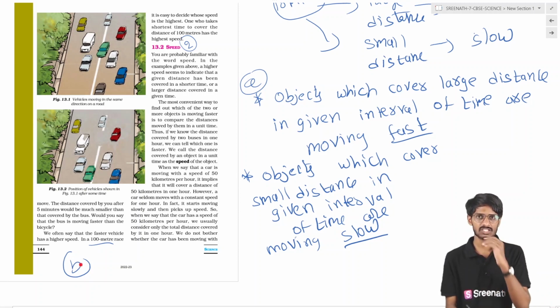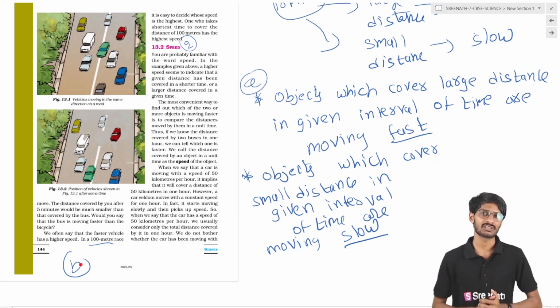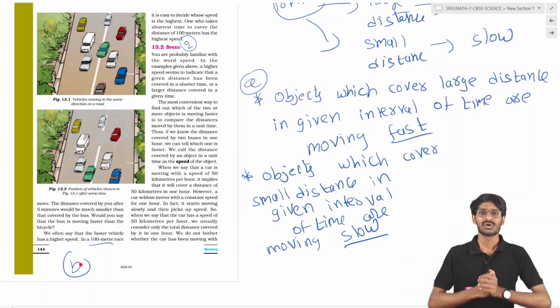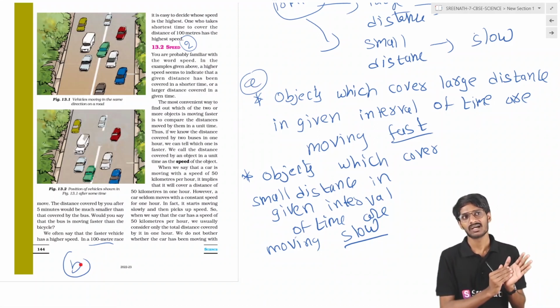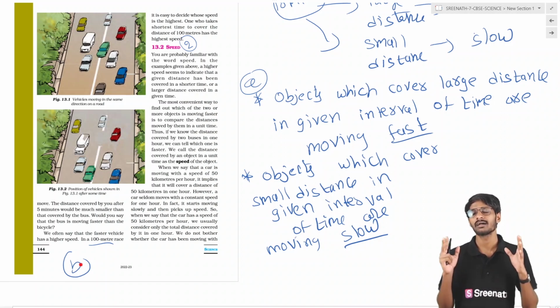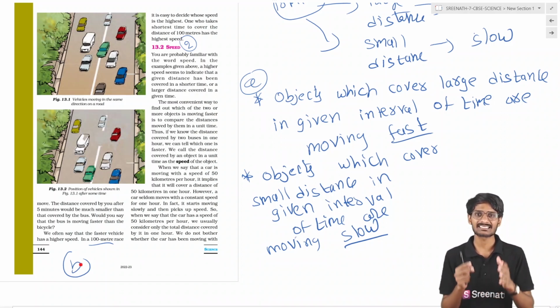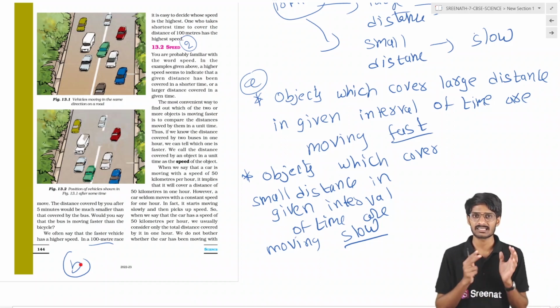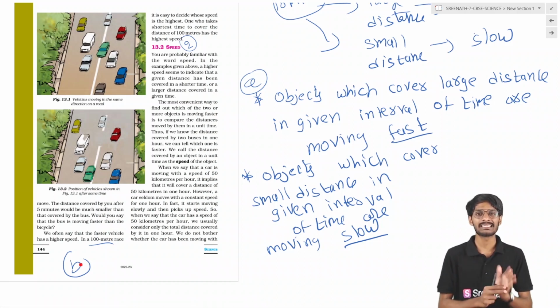What is another thing? Suppose there is a running race competition. So in your school also, sometimes on occasions of Independence Day or Republic Day, our school will conduct some games and running races and kabaddi and kho-kho and shuttle badminton, games like that.